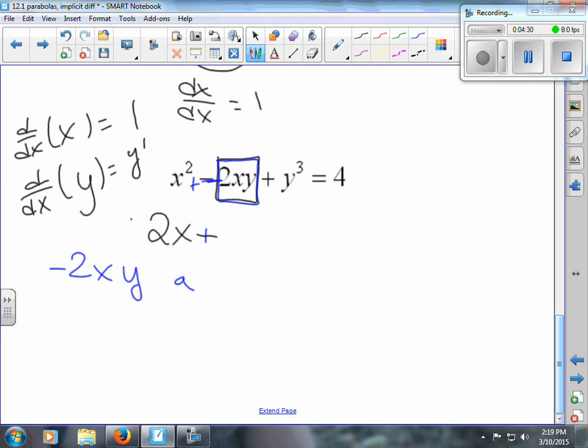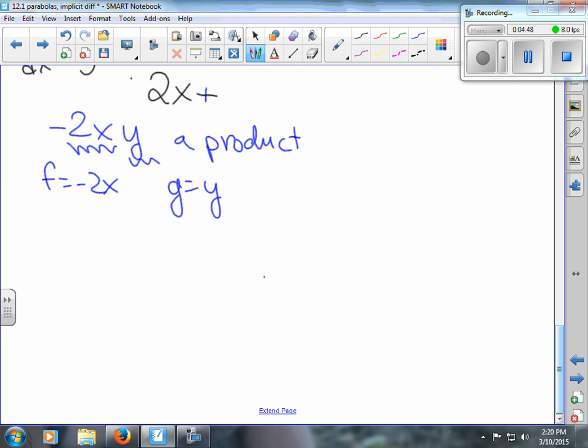This is a product, right? I'm going to think of the first term, f, as negative 2x, and the second term, I'm going to call g, as y. So I'm going to use the product rule here because I have a product. Remember the product rule? With the product rule, you label one piece of the product f and the other piece g.